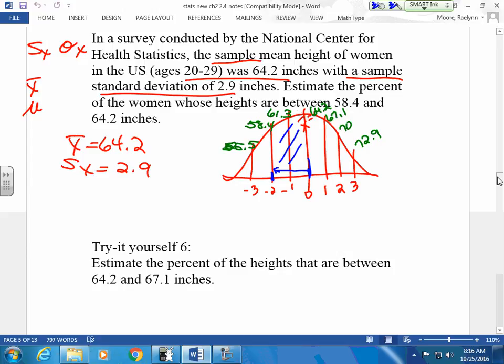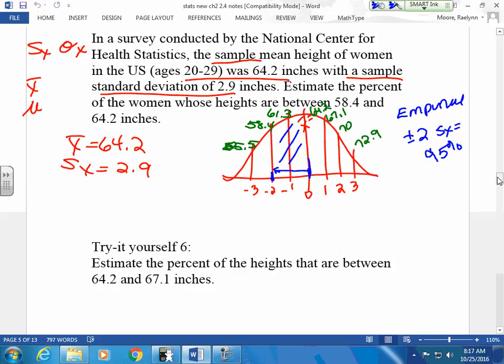We could go to your other chart and figure out those percentages, or we can use your empirical rule. Your empirical rule says plus or minus 2 standard deviations is how much? What percent? 95%, right?